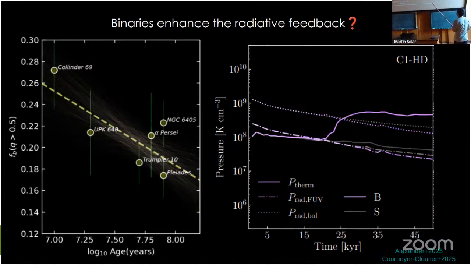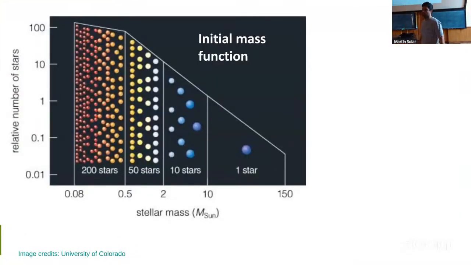Also, we have the radiation feedback as a function of time, in which B represents binaries and S represents singles, and basically we see that the radiation pressure is more efficient when we have binary systems. Also, we have the initial mass function, the IMF, which is basically an empirical relation that, for a given range of mass, gives us the relative number of stars, and it decreases for the more massive ones.